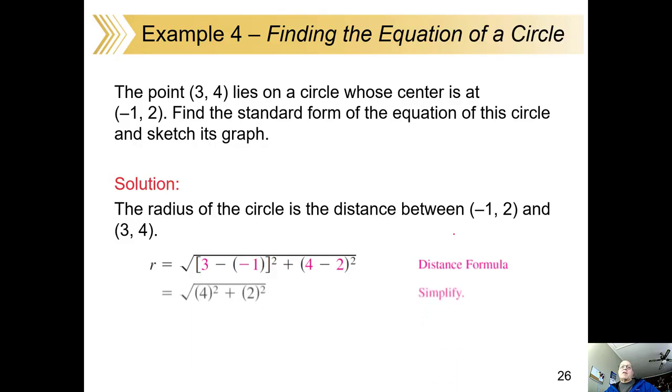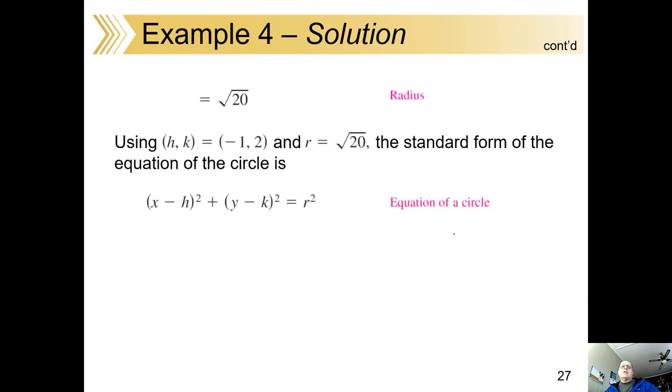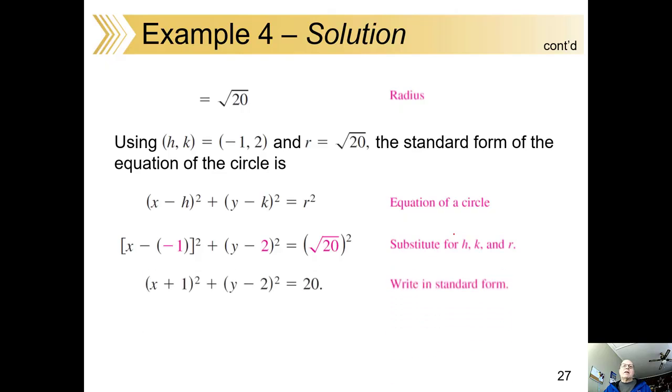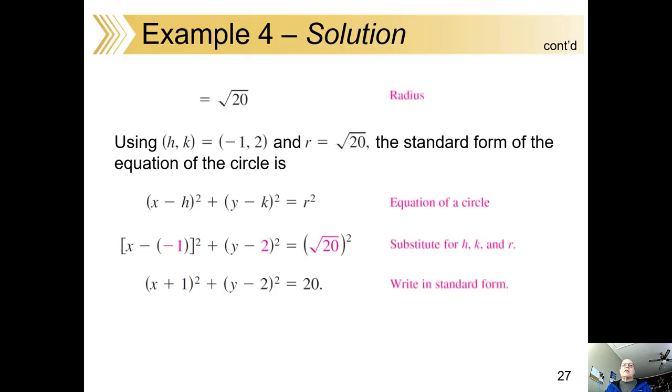So I got the radius first, square root of 20, put the coordinates of the center in, and the radius, and there's your equation. Oops, there's your equation in standard form.